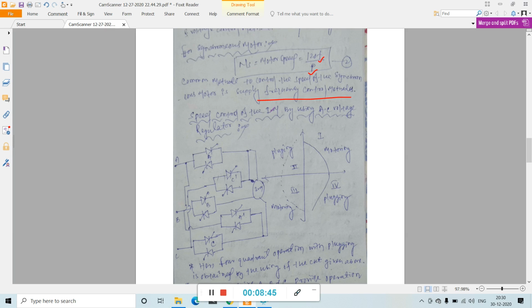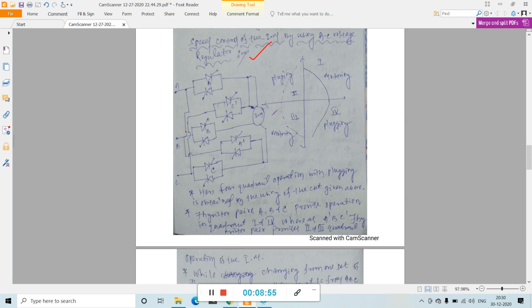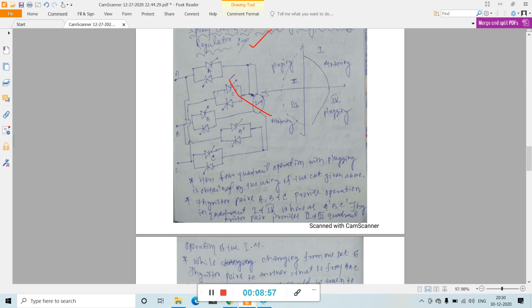Okay, so now we will study about the speed control of induction motor by using AC voltage controller. So come to this part now. See, this is the circuit diagram for speed control of induction motor by using AC voltage regulator.